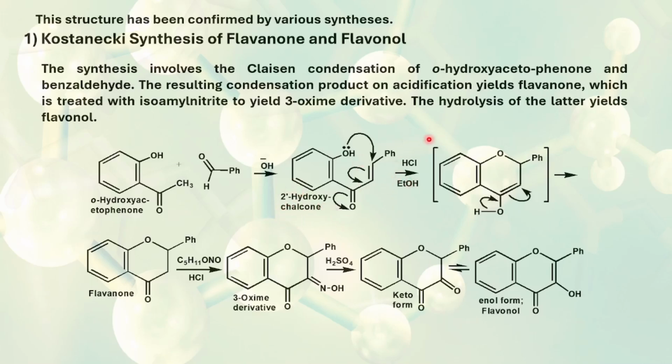By the addition of HCl, here is a cyclization. Overall, there is a formation of an isonitroso (oxime) derivative at the 3 position, and by adding sulfuric acid, the keto form, and after that the enol flavonol, are produced.